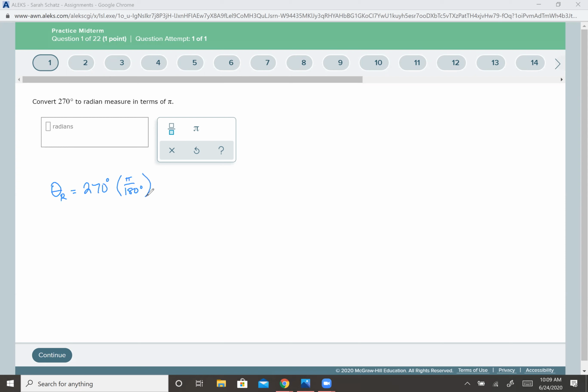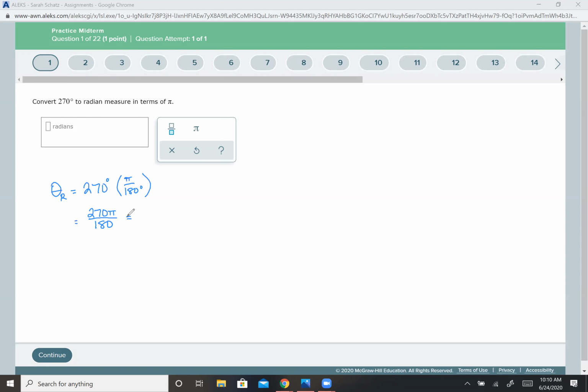When you want radians, you want to put a pi in, and you want to take the degree units out. So that's why this is the one where you put the pi on top and the 180 on the bottom. So we end up with 270 pi over 180.